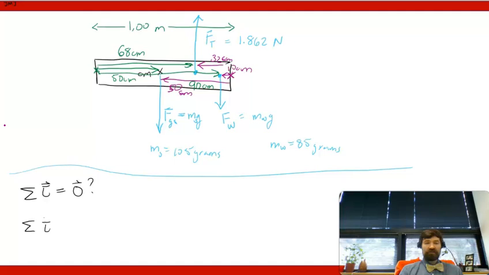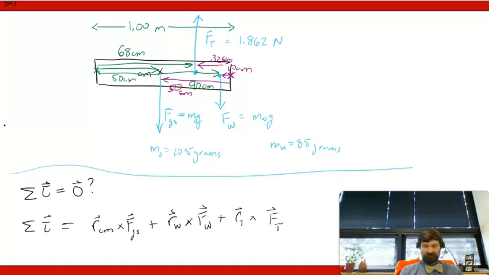Well, we know that the sum of torques must be essentially r center of mass cross Fg stick plus r to the hanging weight cross F for the hanging weight plus r to the tension cross F to the tension.